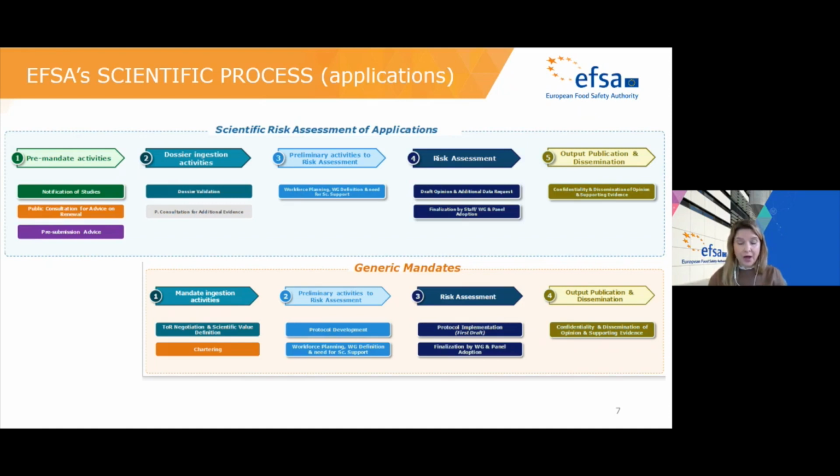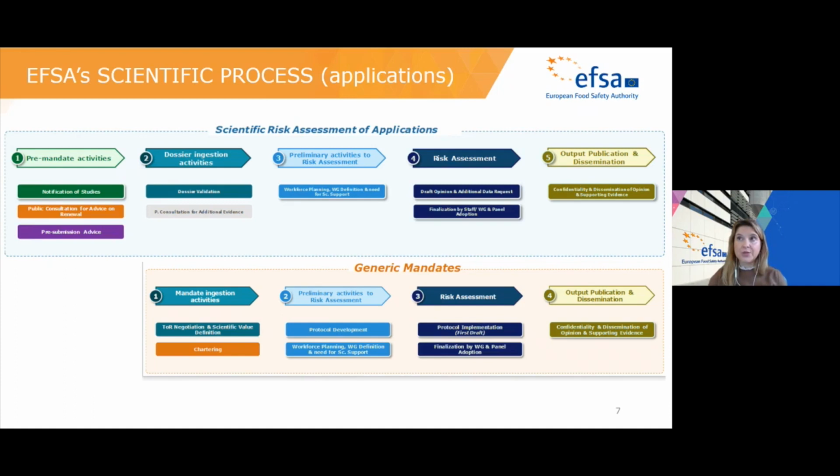In the top half of the screen, you will see the scientific risk assessment of applications, which implies 5 steps. The first one, the pre-mandate activities, includes some new tasks that have been introduced as a result of the implementation of the Transparency Regulation, such as the notification of studies, the pre-submission advice, and the public consultation.